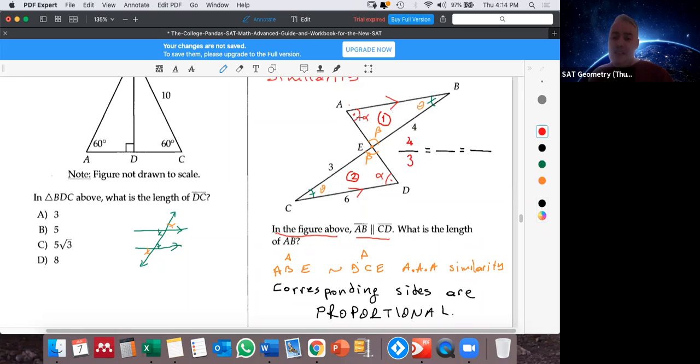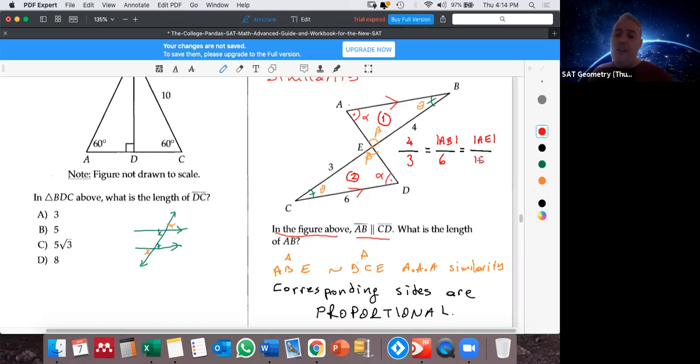In the first triangle, opposite of beta, I have AB, which is unknown. And in the second, opposite of beta, I have 6. In the first triangle, opposite of theta, I have AE. In the second triangle, I have ED.